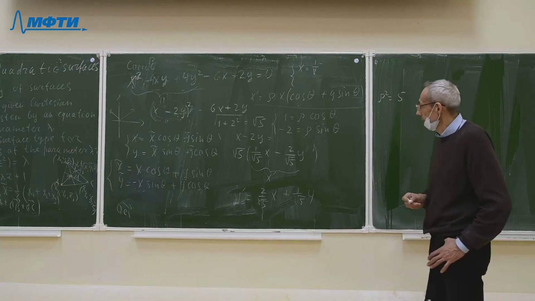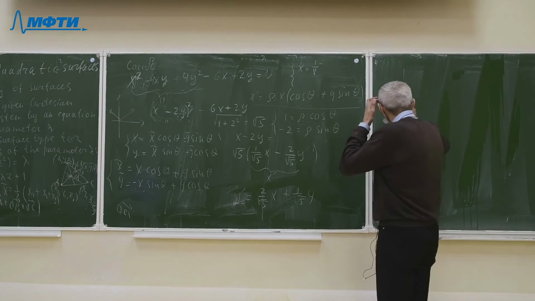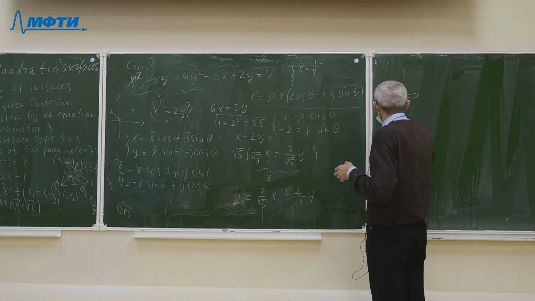We obtain that rho squared is equal to 5, and from this, rho is root 5.